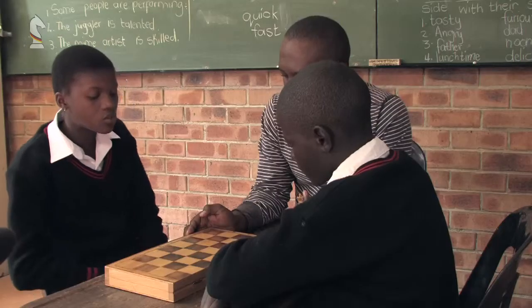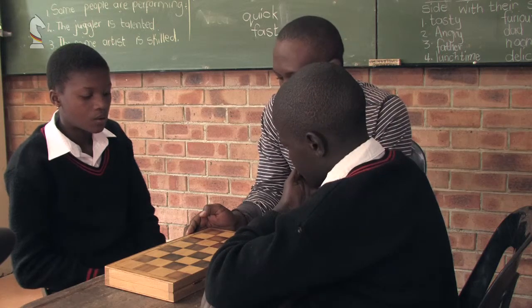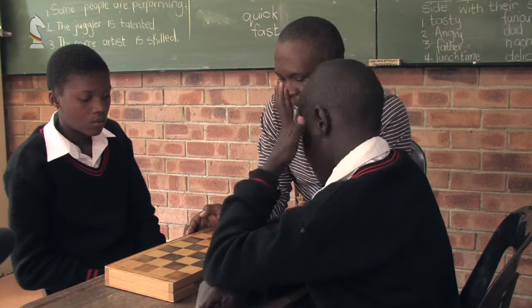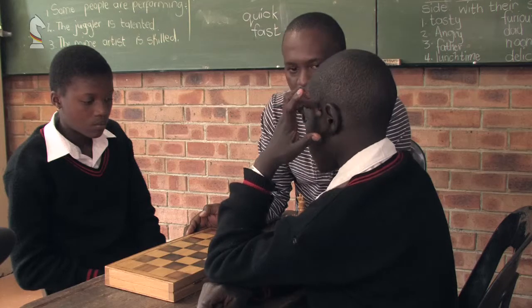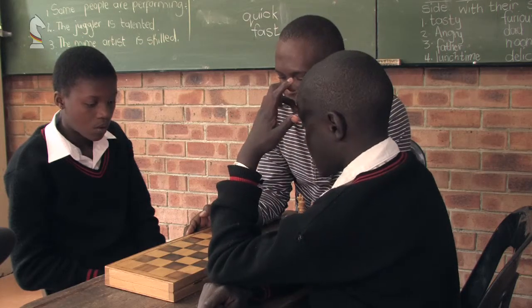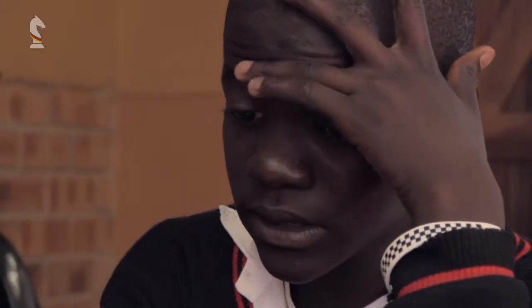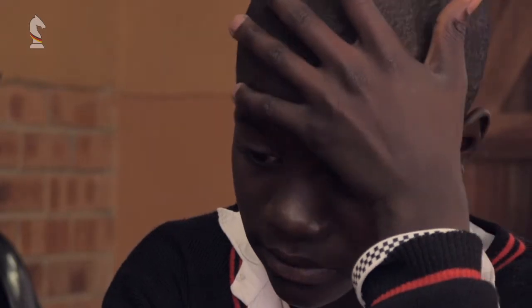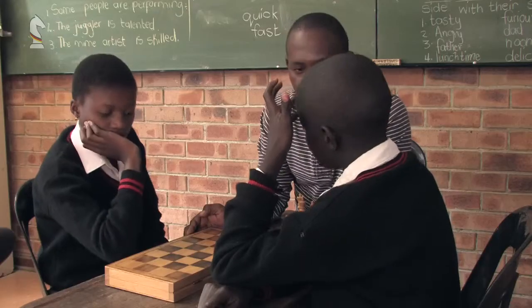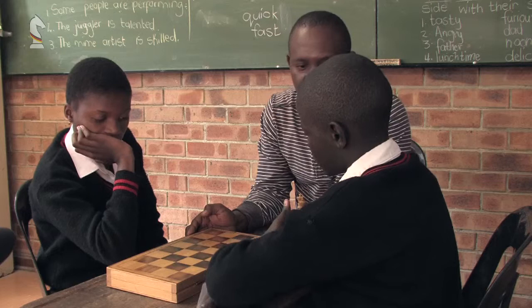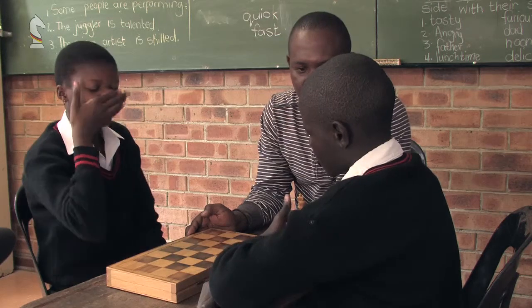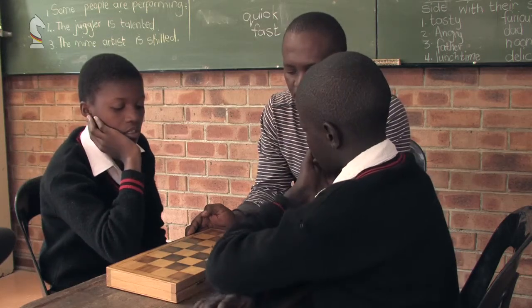Our rook is on c5 and the knight is on e3.